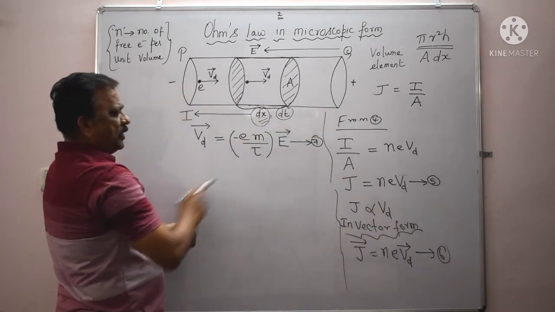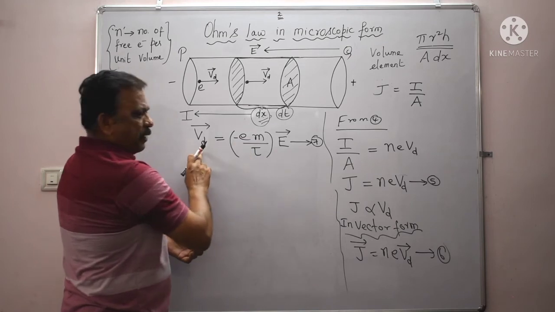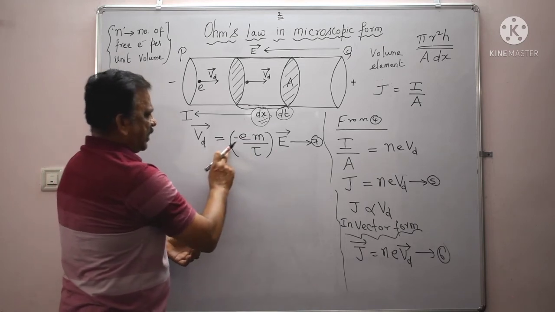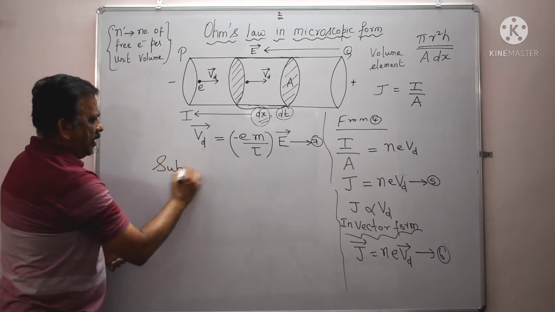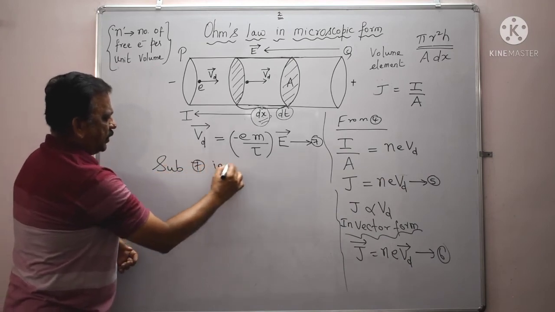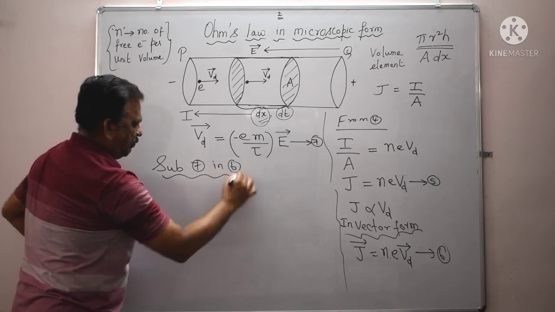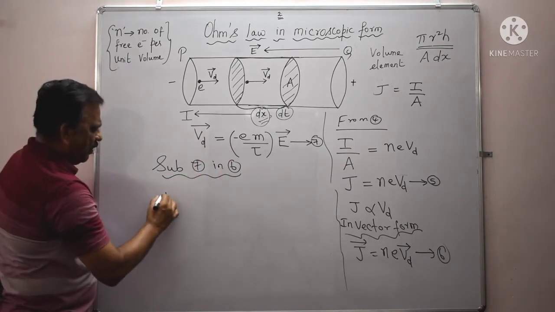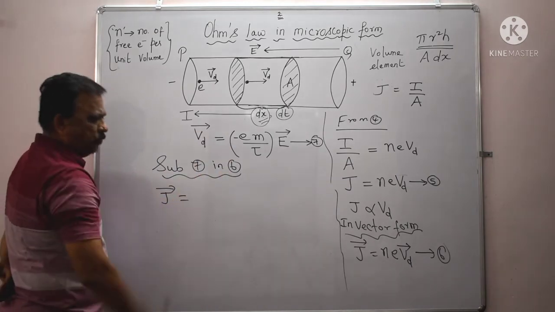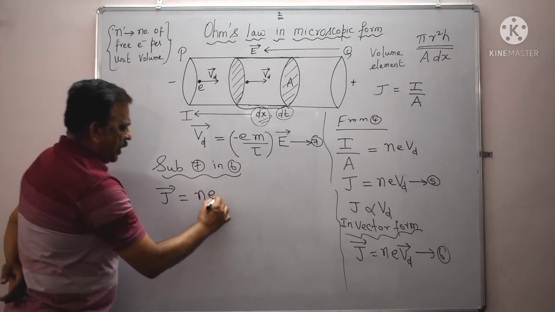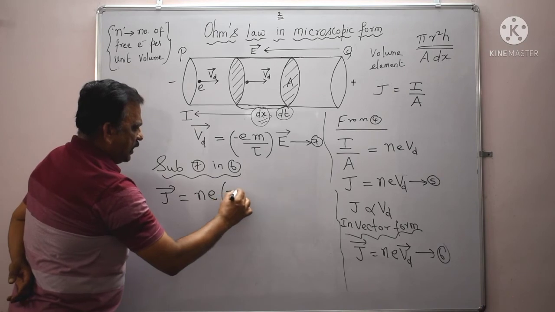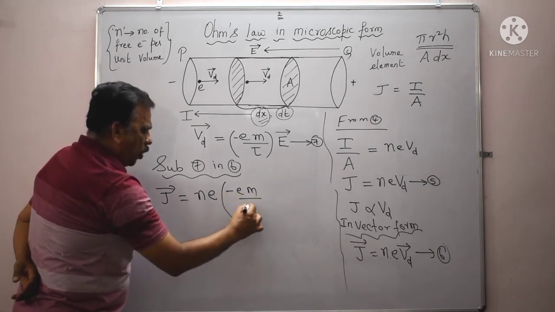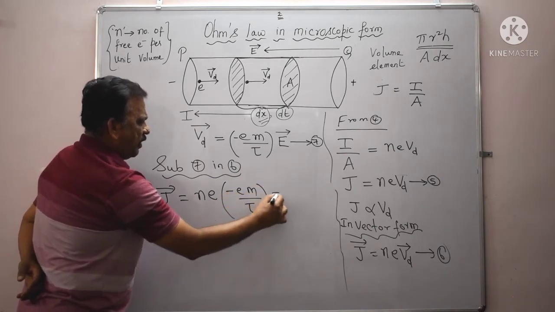Now what I'm going to do is substitute the expression for the drift velocity vector, that is 7, in 6. So substituting 7 in 6, I get J vector is equal to, let me keep n and e as such, and instead of v d vector, let me substitute minus e m by tau into E vector.